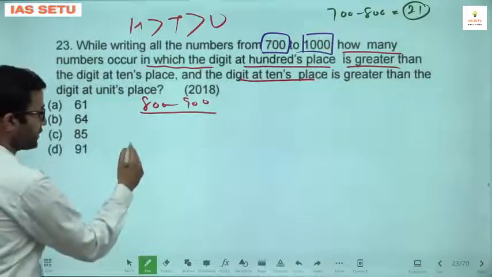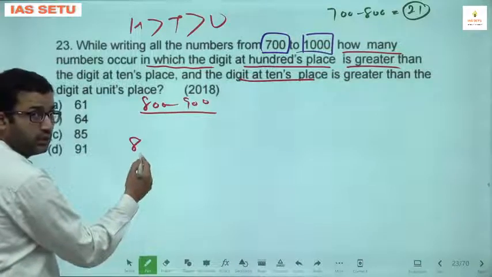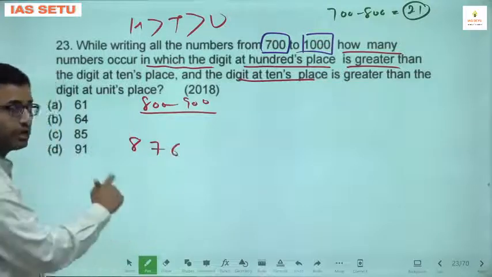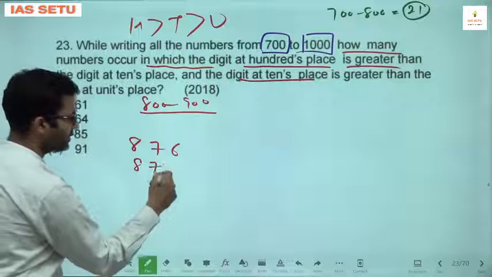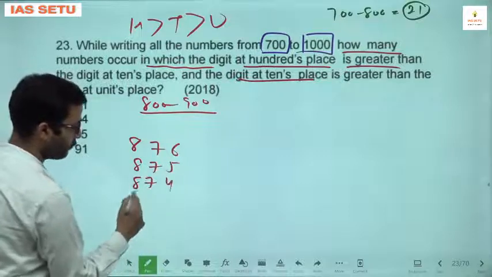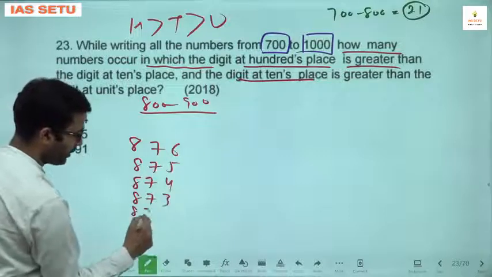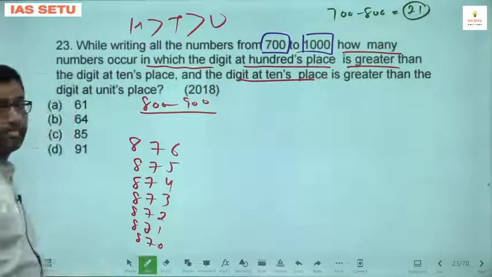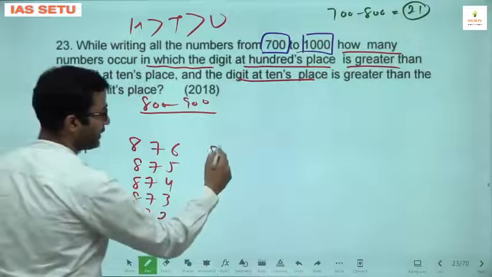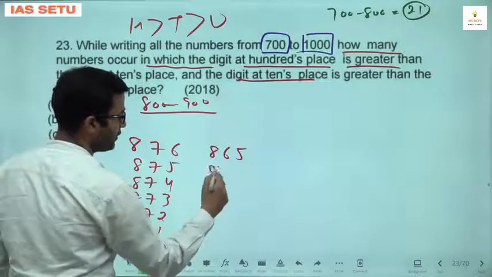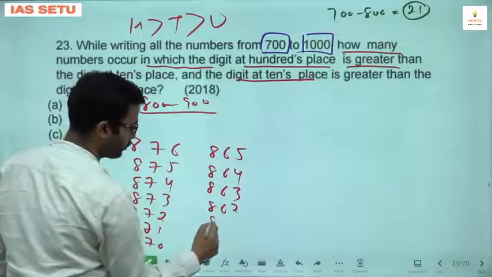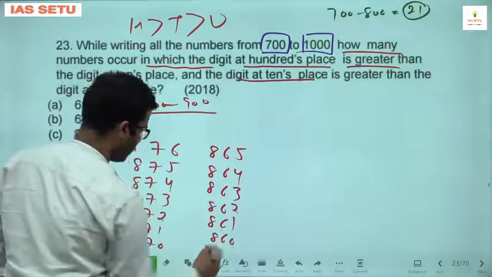So here this is 8, smaller than 8, 7, 6. You start with 876, 875, 874, 873, 872, 871, 870. Then next will be 865, 864, 863, 862, 861, 860.